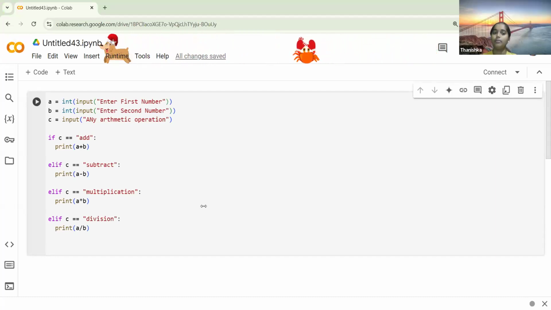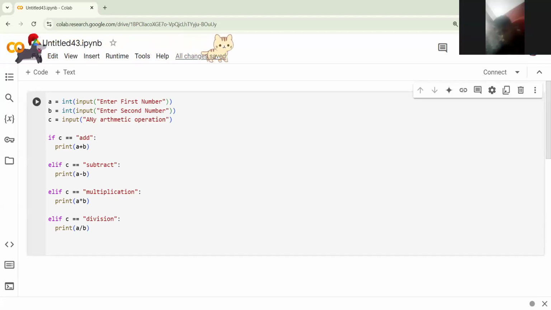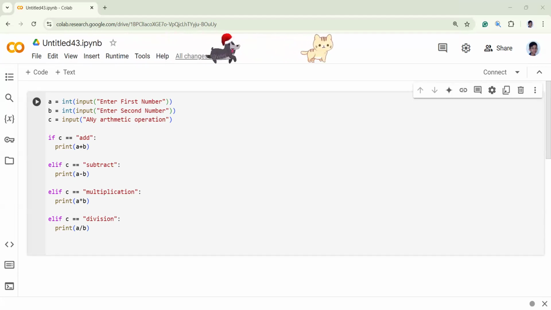But what I mean is we have used if-else statements, but I told you yesterday I want to avoid division by 0. So what should I do? We have to say you cannot type 0. How to do that?